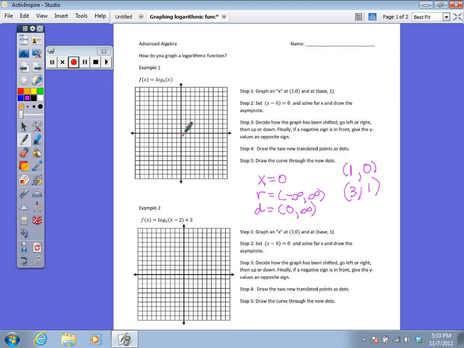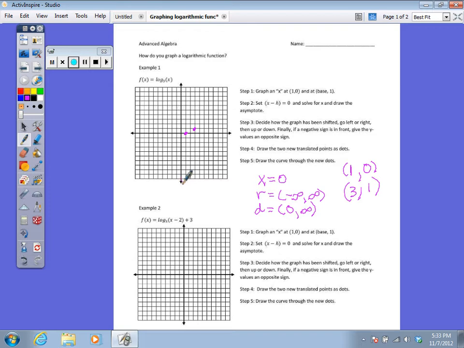So I go over here, start at the origin, we go to the right 1, and we don't go up or down. And then we go to (3, 1), which is our base, 1. And now we just connect the dots. Remember, the asymptote is x equals 0, so we do not cross the y-axis.